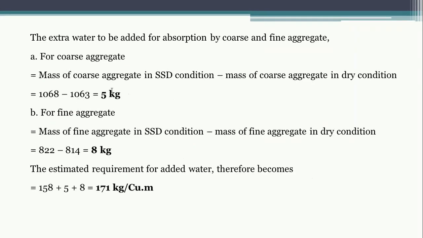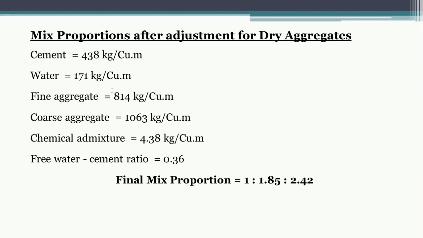Water content is 158 plus 5 plus 8, that is 177, the water adjustment. Fine aggregate has been reduced from 822 to 814, and coarse aggregate from 1068 to 1063. Chemical admixture and water cement ratio also remain the same. So this is the mix proportion after adjusting for the dry aggregates.